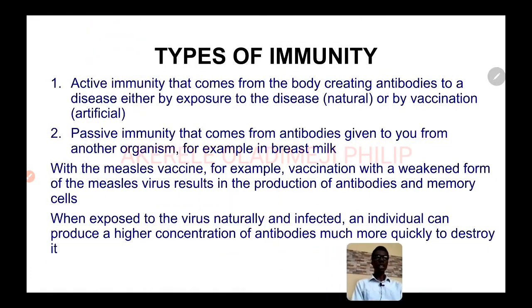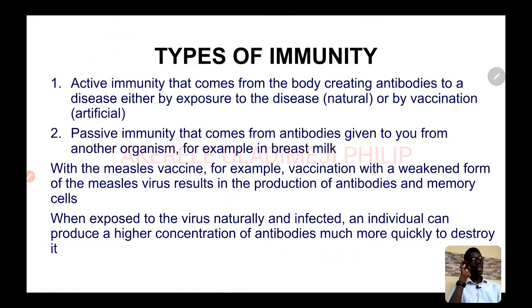Now, types of immunity. Basically, we have active immunity, which comes from our body creating antibodies to a disease, either by exposure to the disease itself, which means you contact the disease. Let's say you have measles for the first time, you contacted it through the air or from somebody that has it.